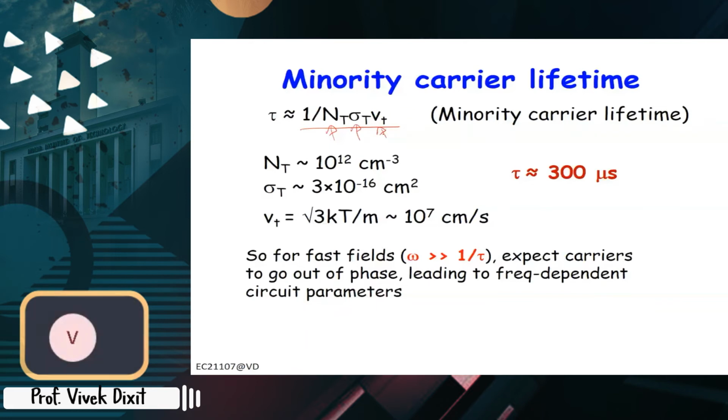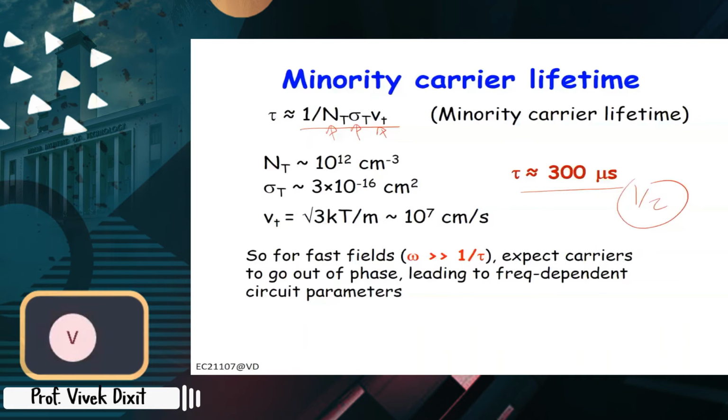And from that, if you put the values, it comes out around 300 microseconds. So if the frequency is more than 1 over tau, then these carriers cannot respond with the voltage, right? So they will go out of phase, and that will lead to frequency dependent parameters.